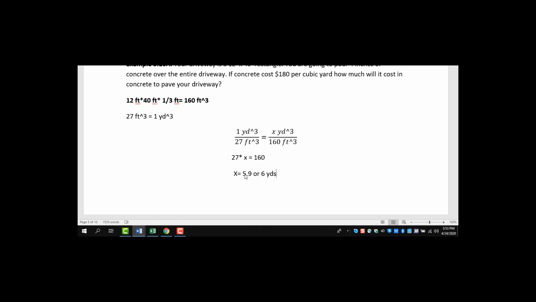You're not going to get 5.9 yards. So now I've got to figure out my final cost. Well, each cubic yard costs $180. I'm getting 6 of them. And this all works out as dimensional analysis. It seems simple, but it's $180 per 1 cubic yard times 6 cubic yards.